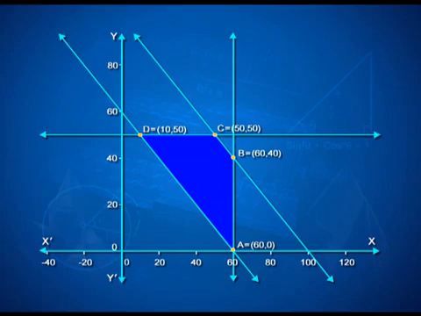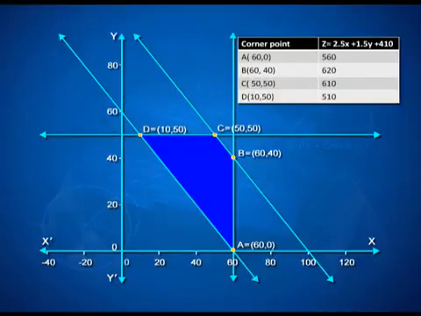Solve the 2 equations which are leading to that point of intersection and then decide on corner points. The corner point method requires you to find the value of the objective function at these corner points. Our objective function was 2.5 times x plus 1.5 times y plus 410.